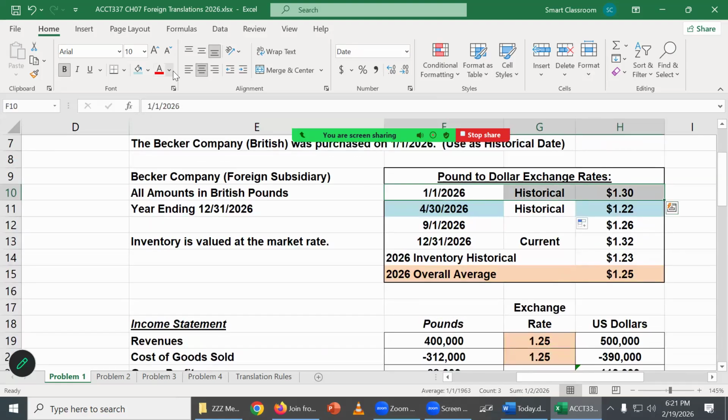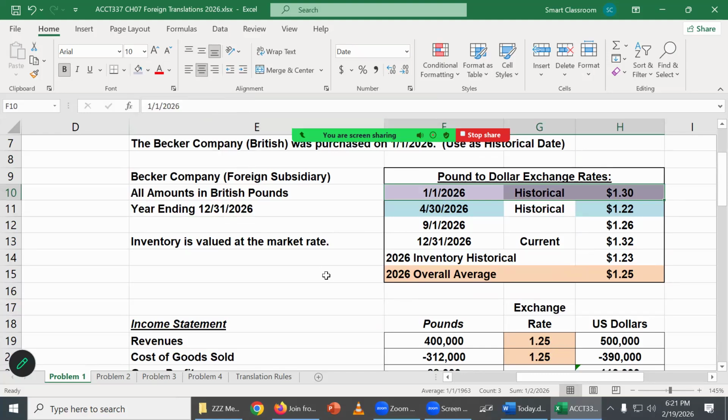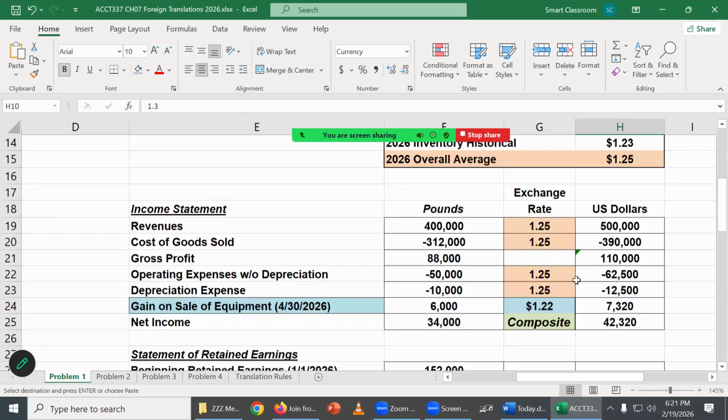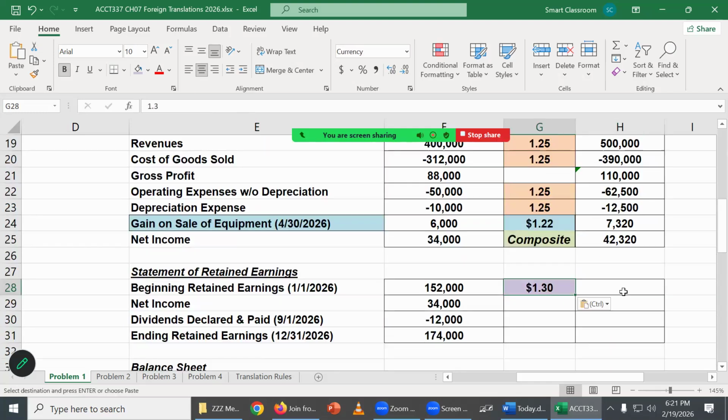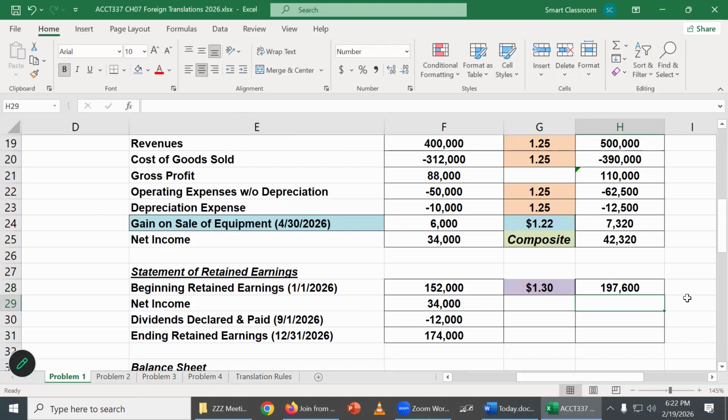And let's give that a color. Is that too dark? I think it works. Okay, so the beginning retained earnings would have been 197,600.